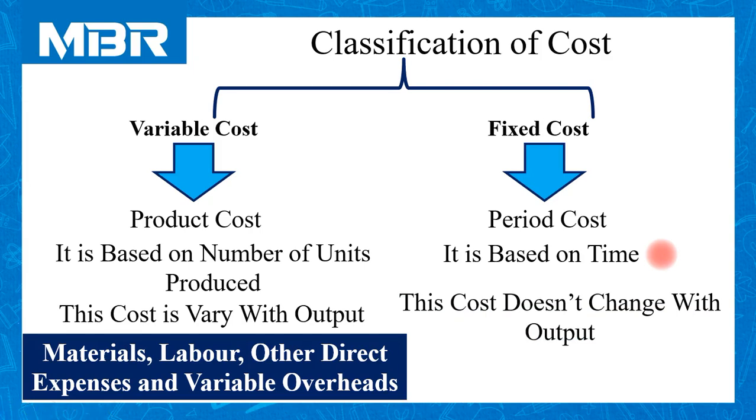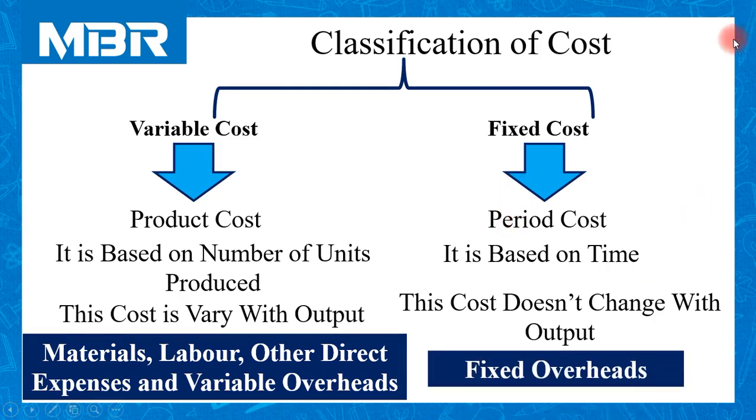This cost doesn't change with the output, or you can say it is irrespective of the level of output. We need to pay the fixed cost because it is least concerned with the units produced by the company during the specific time frame. And fixed overheads will be the next part of our learning. Fixed overheads are referred to as fixed cost.